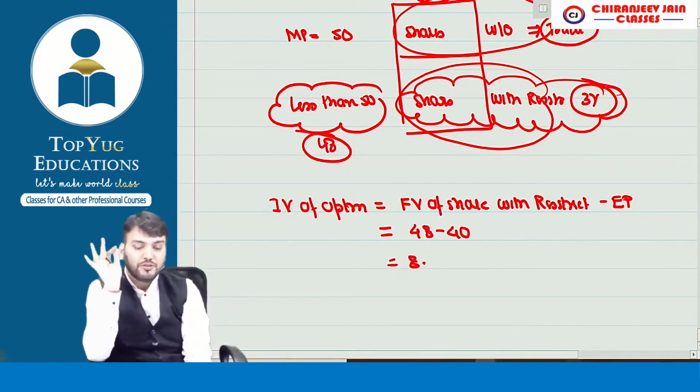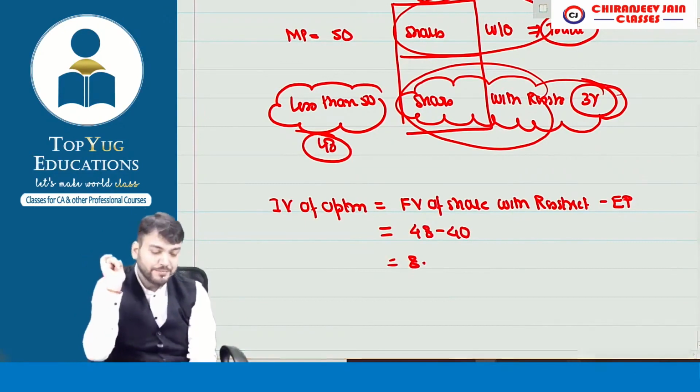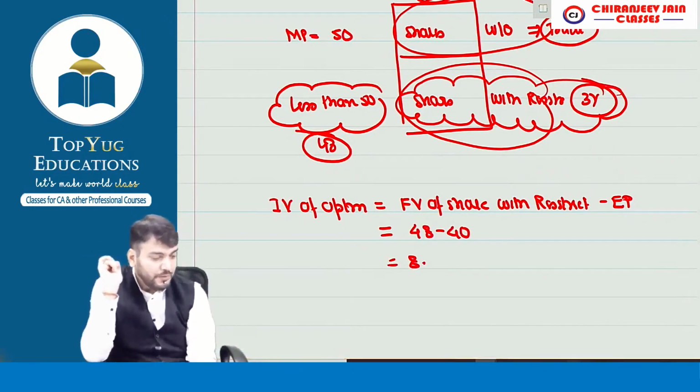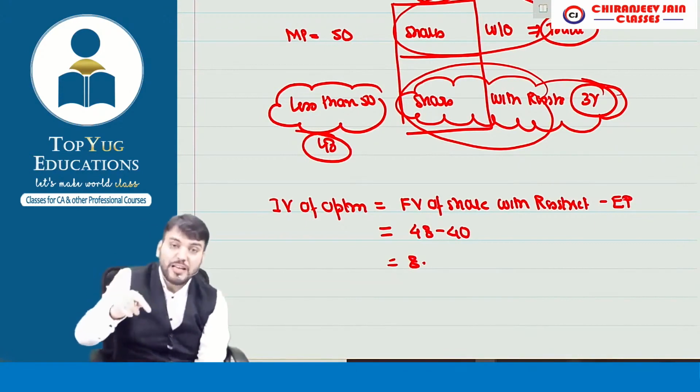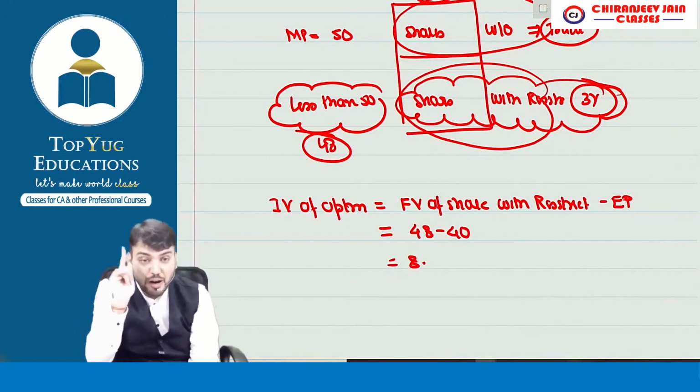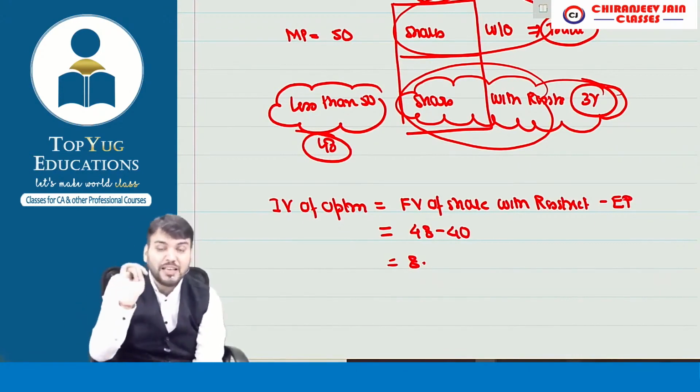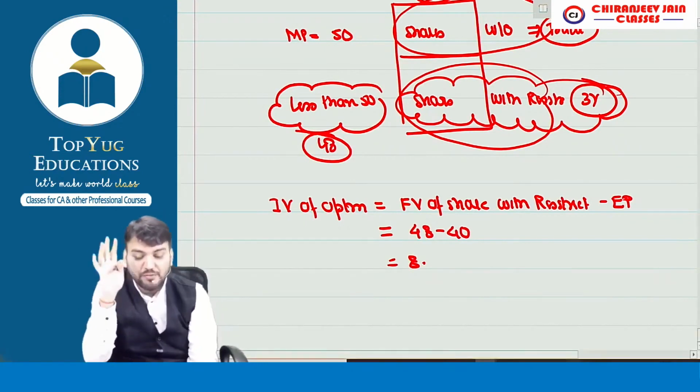This was a good point in this question. Have you understood this point? It means the intrinsic value of option will be 8, not 10. Calculating 50 minus 40 would be wrong. It is 48 minus 40.